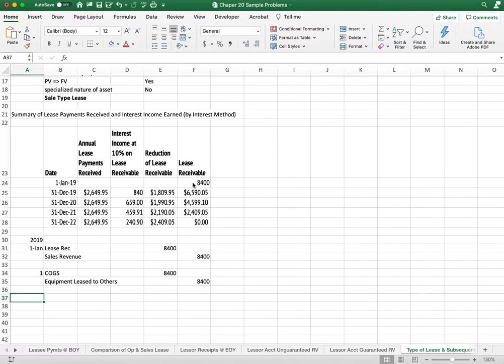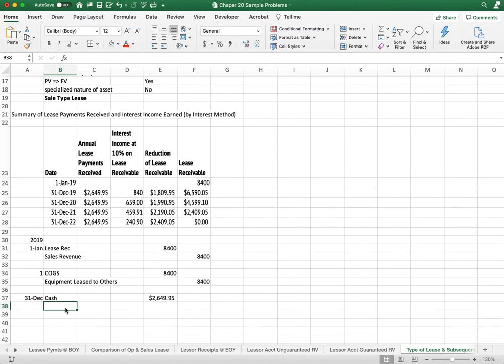Then on December 31st, we'll show the cash receipt of the payment of $2,649.95, and then we have to break that up between the interest and the lease receivable.